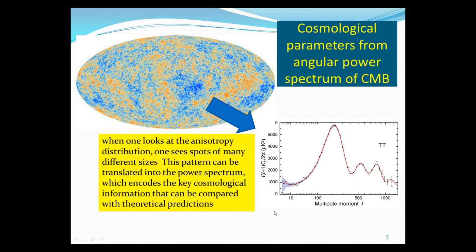We know that the first most prominent peak is at l roughly equal to 200, and it corresponds to an angular separation of about 1 degree, which is directly related to the fact that the spatial geometry is flat.